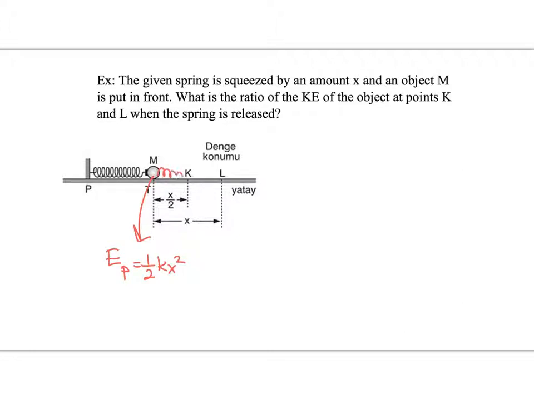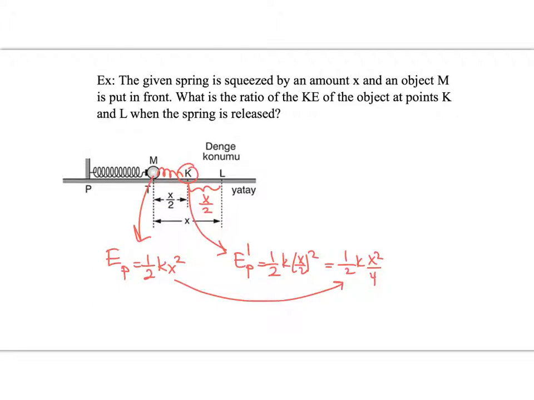When it comes to K, you see that the amount of stretch is reduced to x over 2. So it has the deposited potential energy 1 over 2 k times x over 2 squared, so 1 over 2 k x squared over 4. So you see that you have lost a 3-4 ratio of its energy.